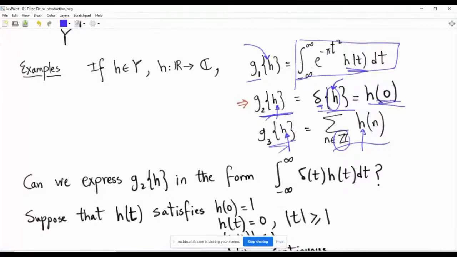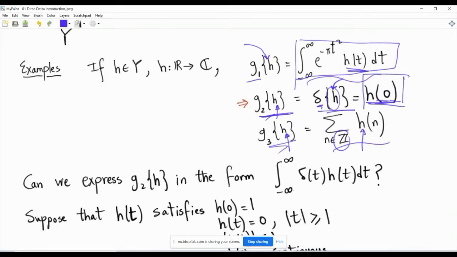Typically there is a class of functionals called linear functionals, and those can be expressed in this form, in which the functional takes a function, multiplies it by some kernel, and then integrates. So do we have something that gives this effect?